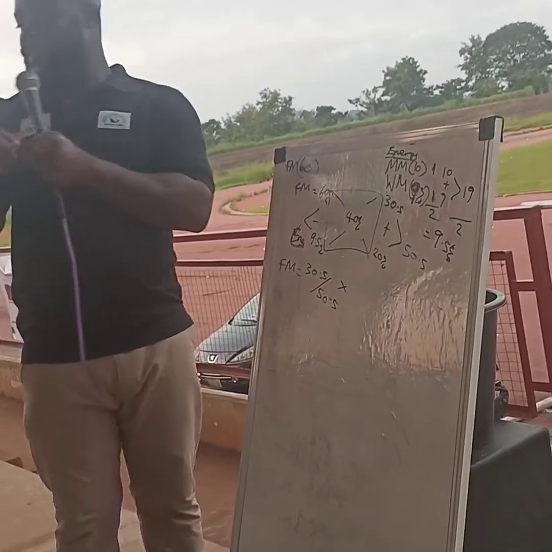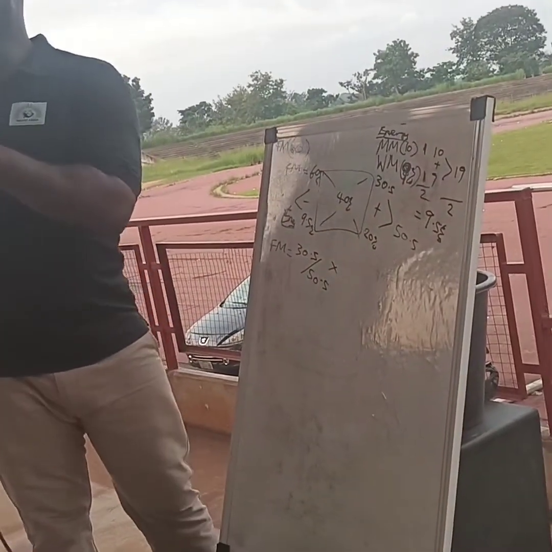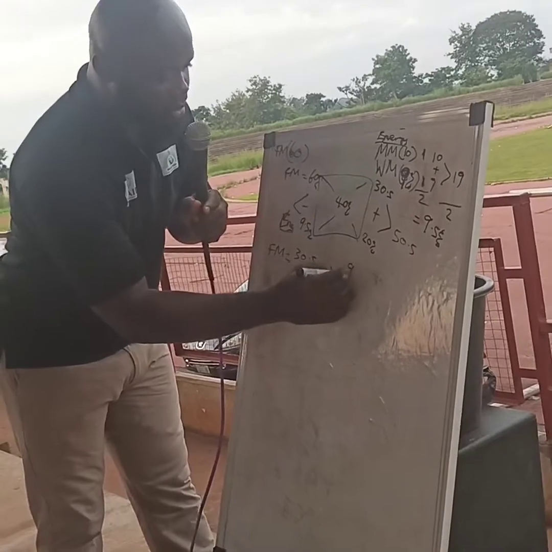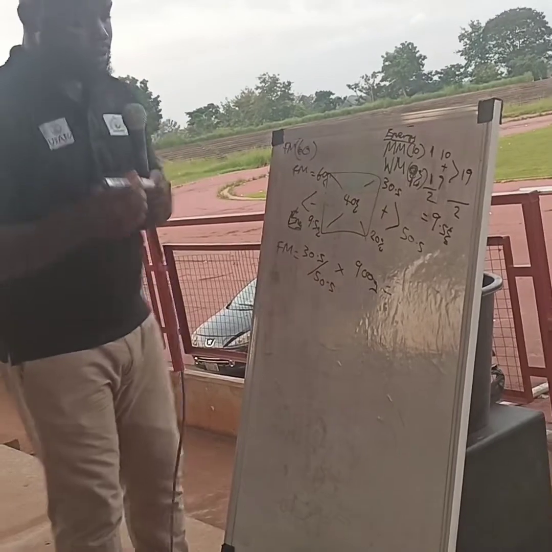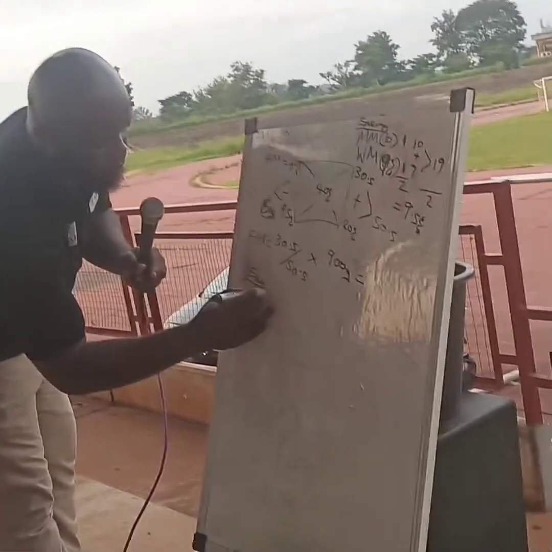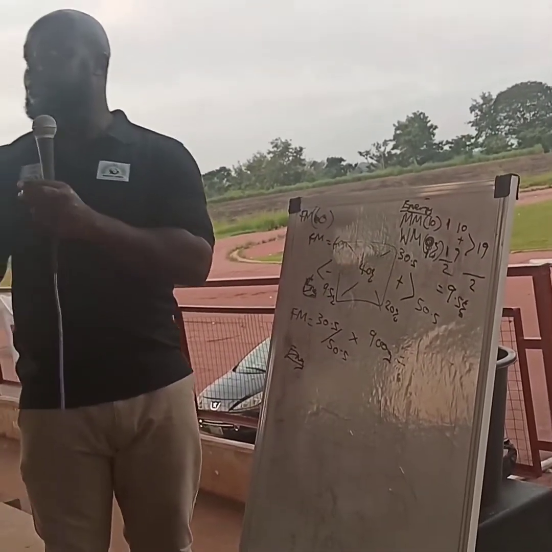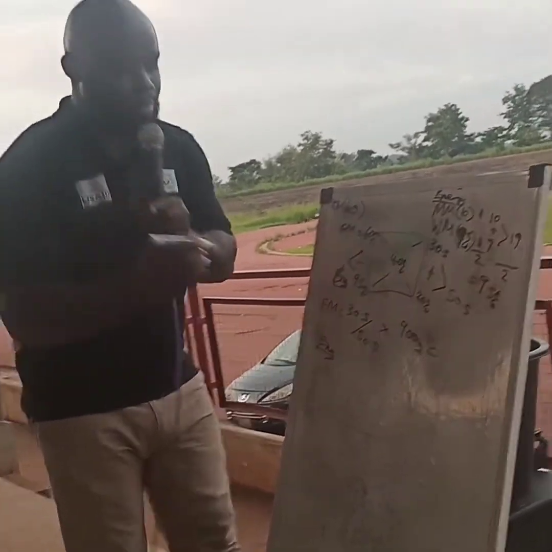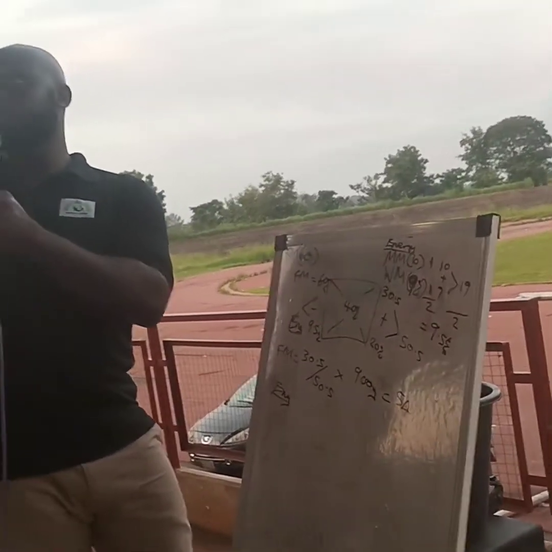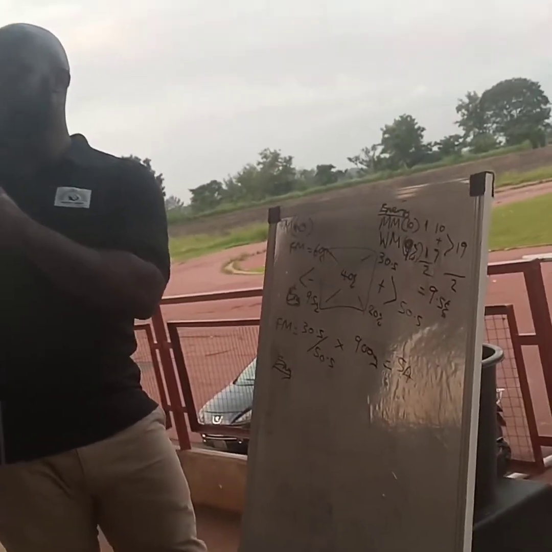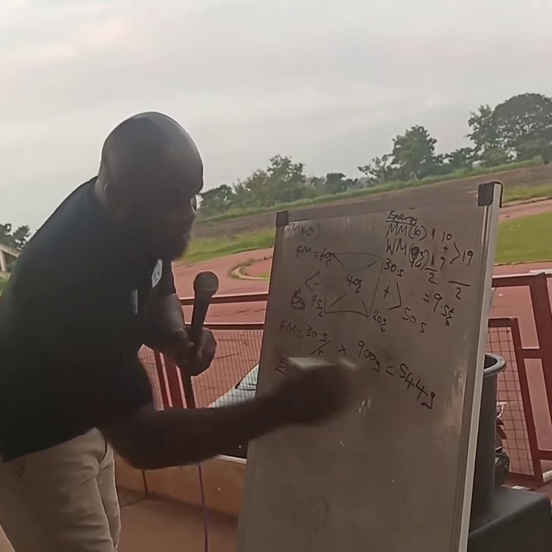Times, are we going to do the same 1 kg, which is 1,000 grams? 900 grams. So times 900 grams, that is 543.6. Let's approximate the 0.6, so it will now be 544 grams of fish meal.